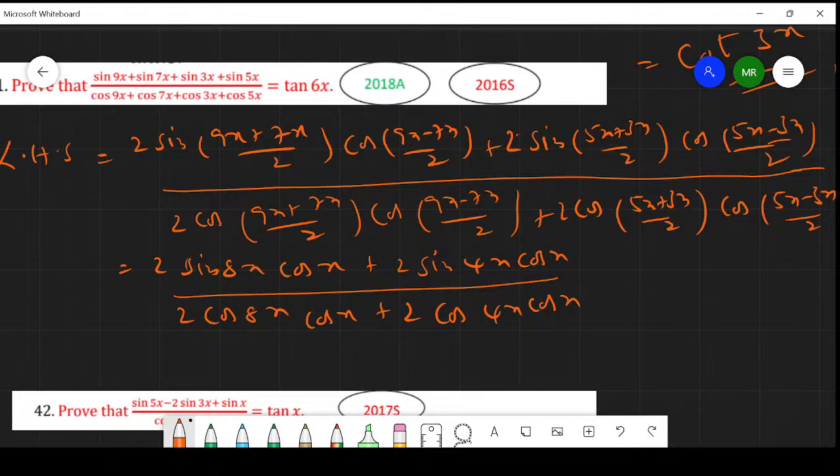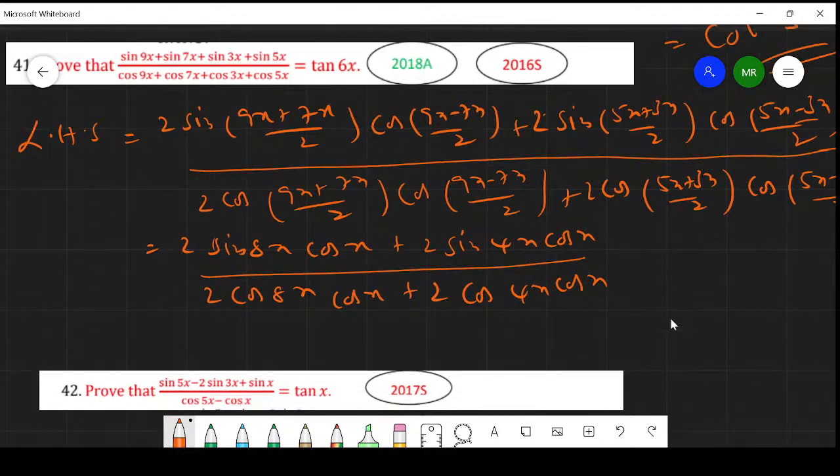So in the numerator, what can I take common? You can observe here. Right. What is the required one? I can take it common here, to simplify.